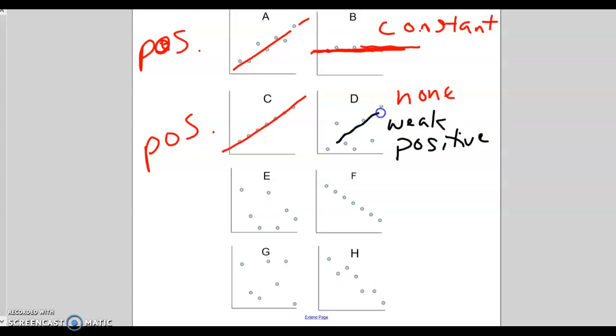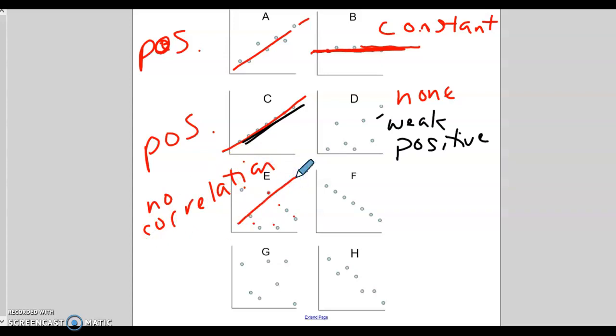Like they're not tightly clustered like this one was, but they still could possibly be going in an upward direction. Part E, I would say that this is closer to a none or a no correlation. They don't seem to be sloping upward, nor do they seem to be sloping downward.